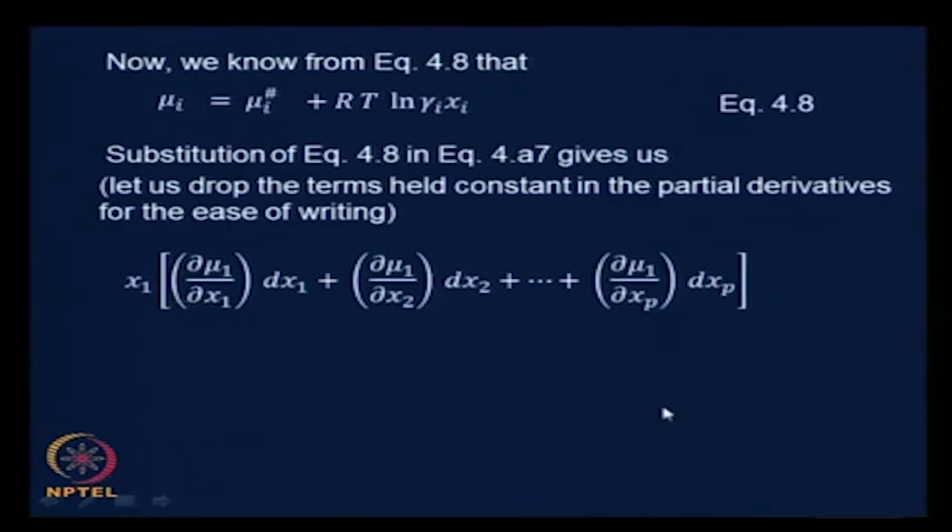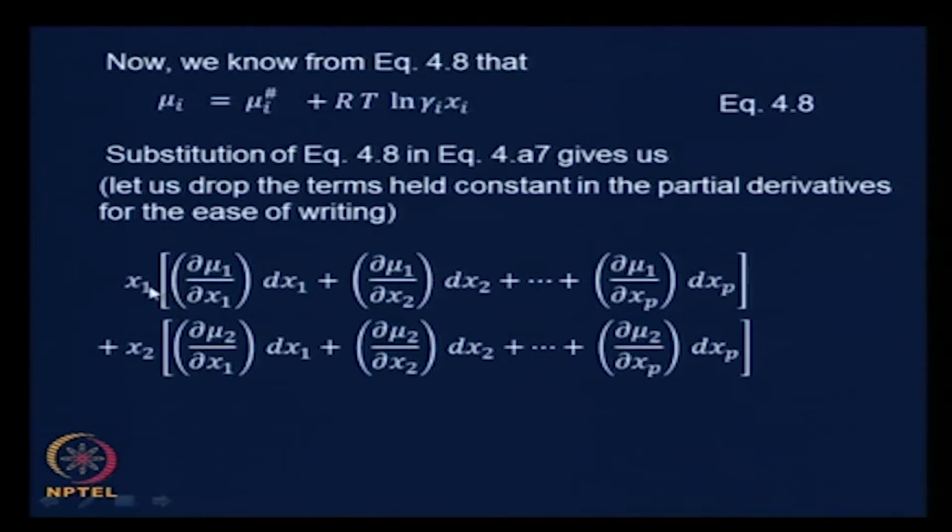This is just the first term, and then when we change this, we are summing over i's. So, that is what brings in the second term. Summing over k's is what results in the term in the square brackets. So, let us look at the second term, x2 dou mu 2 dou x1 dx1 plus dou mu 2 dou x2 dx2 and so on till dou mu 2 dou xp dxp.